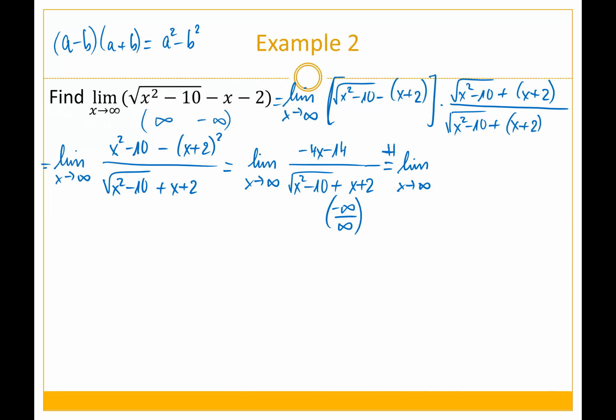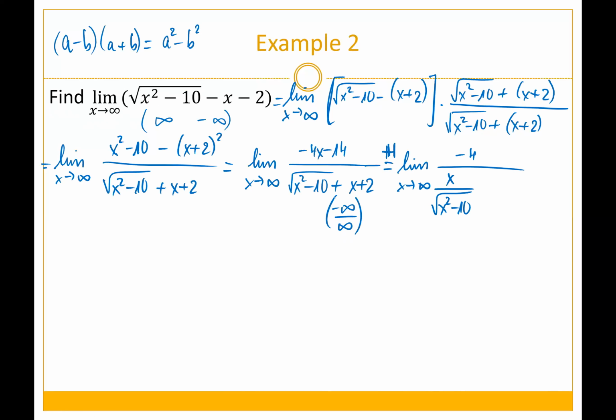So now if I apply L'Hopital, take the derivative of both the numerator and denominator. You're going to have negative 4 over x over the square root of x squared minus 10. There's no 2 there, so x, because it's to the power of half.